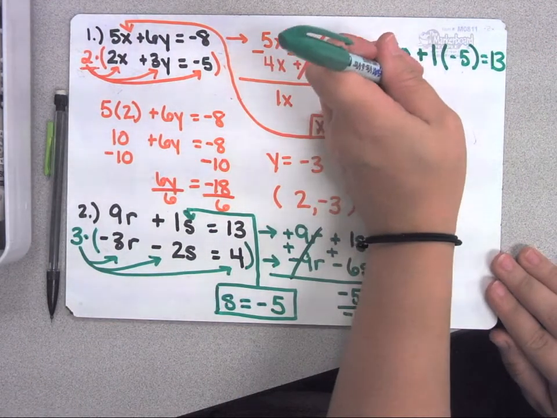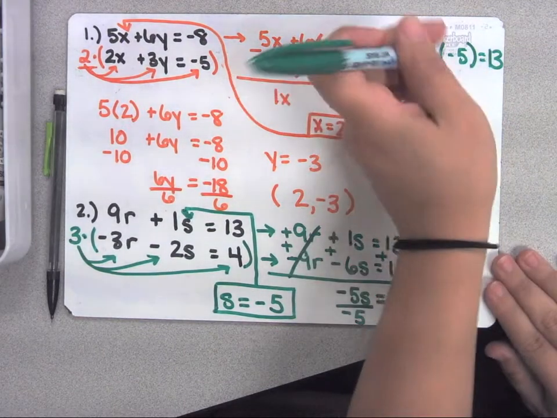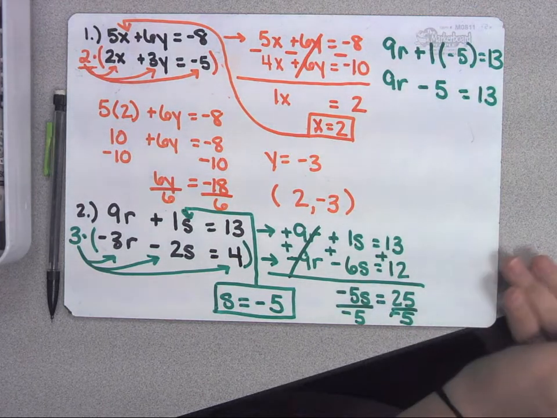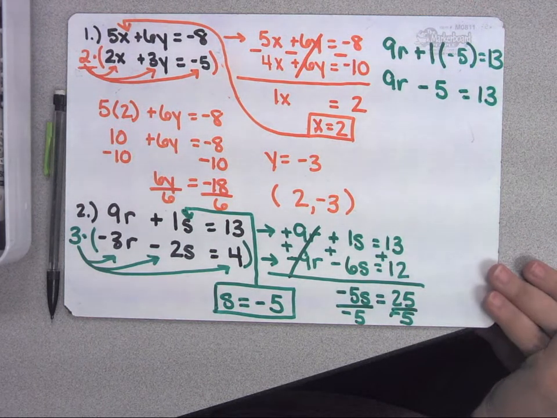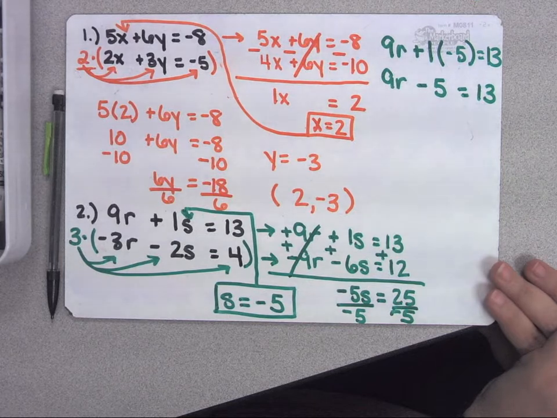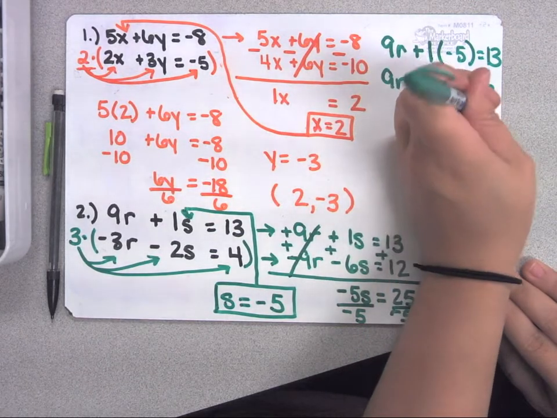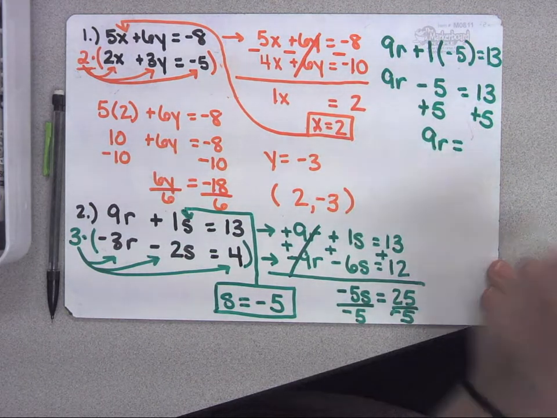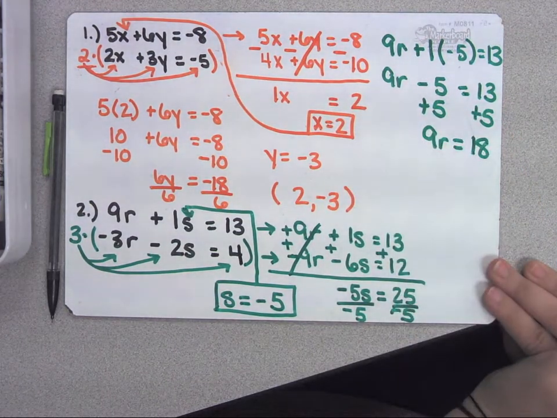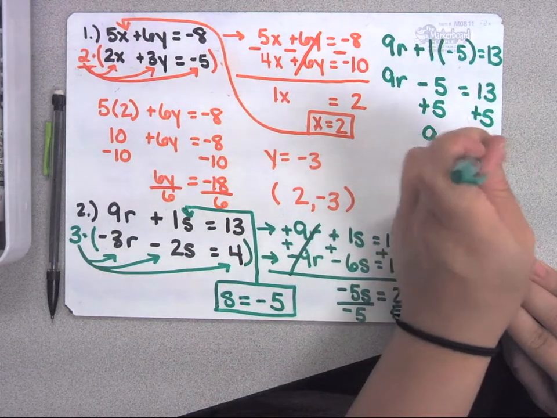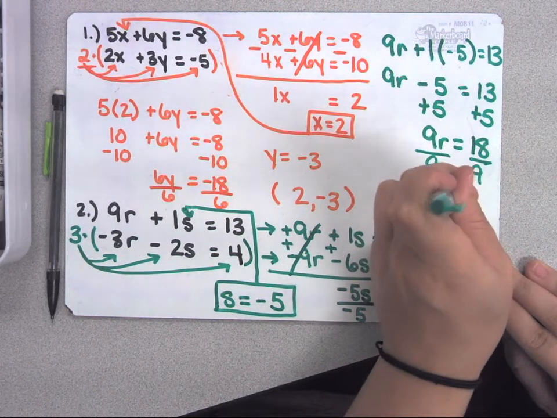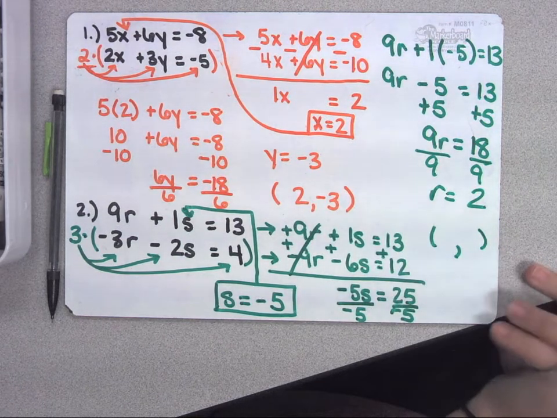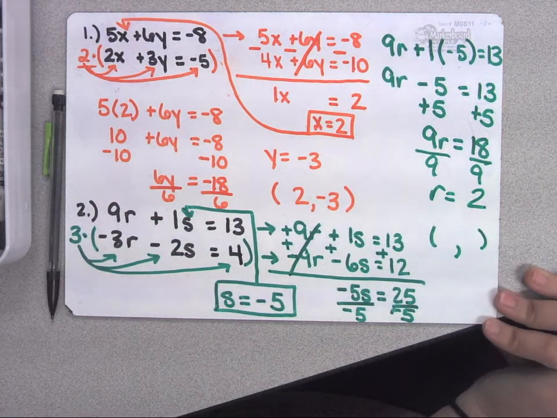Well, 9r same as 9r. 1 times negative 5 is just negative 5, equals 13. Katie, what do I do to get r by itself? What do I get? What's my final answer? Alphabetically, it is in order.